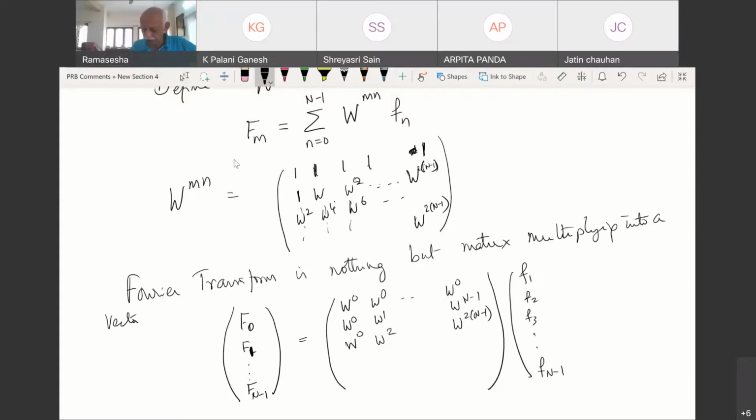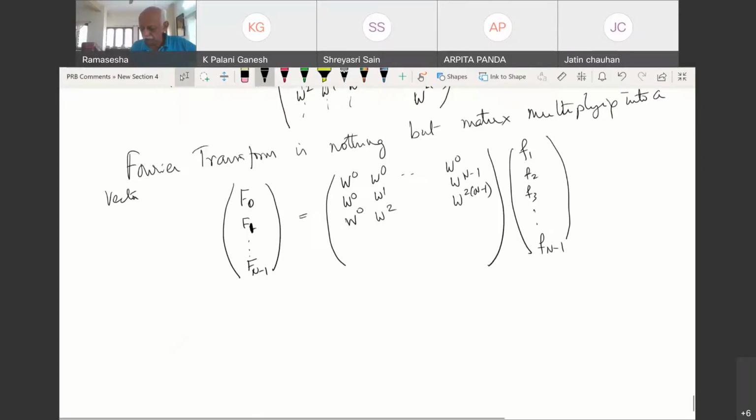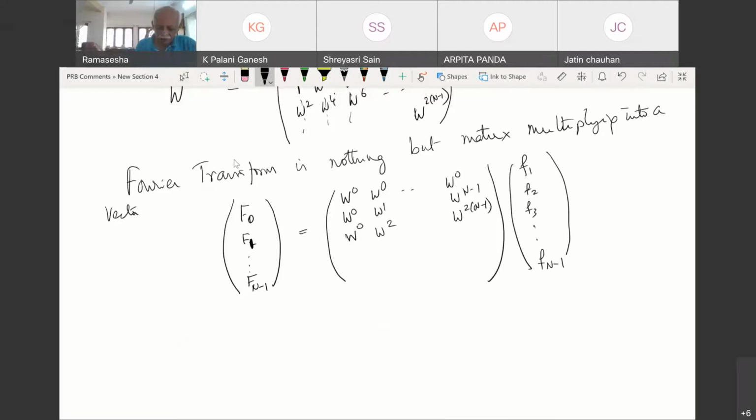So how many times do I have to multiply? See, if I want to get F0, I have n multiplications and n additions. Usually, additions don't cost extra time.